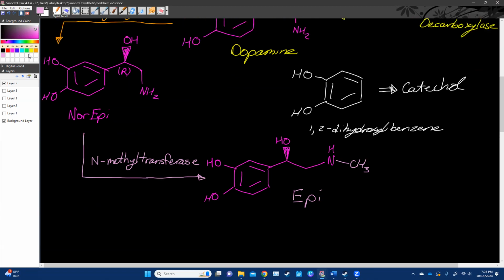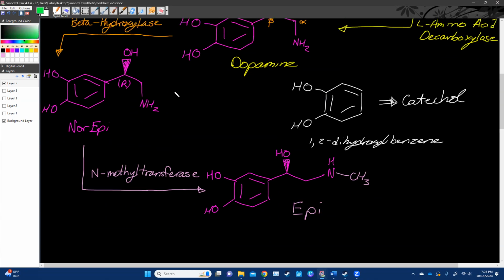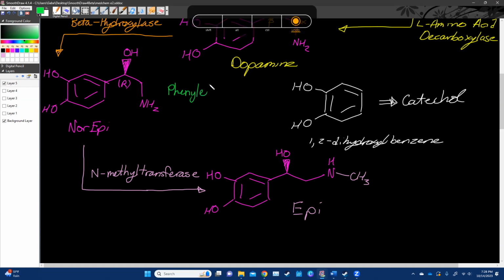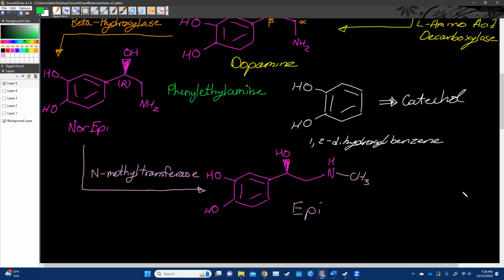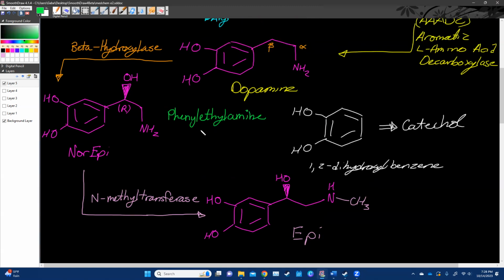Couple of other vocab words I want you to be aware of. The first one is phenylethylamine. Phenylethylamine is describing the three main portions of the norepi and epi structures. So you have your phenyl group, you have two carbons, your ethyl group, and then your amine.